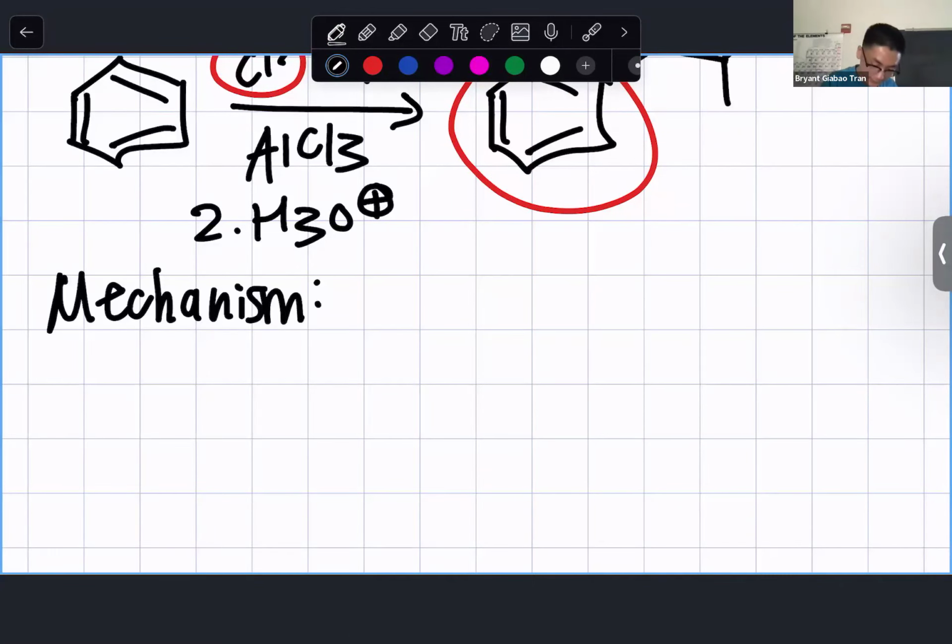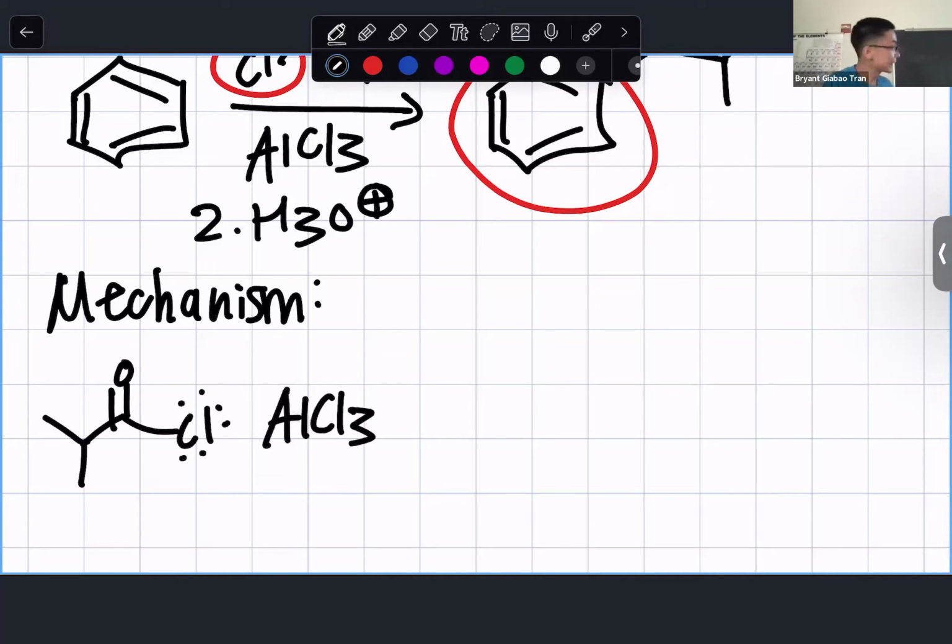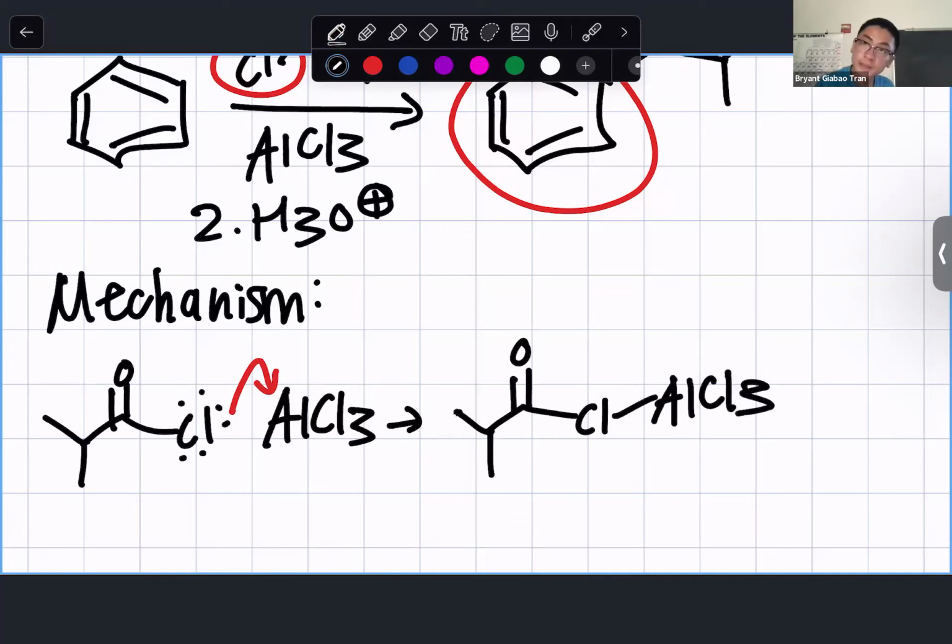Let's say we have this acyl group and the metal catalyst AlCl3. The same kind of first step happens. The chlorine attacks the metal catalyst and gives us this chlorine, AlCl3, with a positive charge on the chlorine because it has two bonds, and a negative charge on the aluminum.